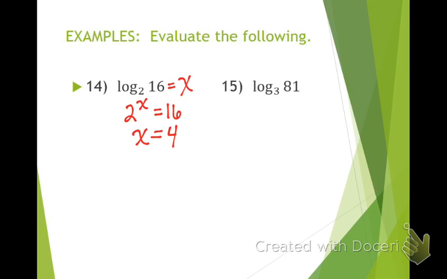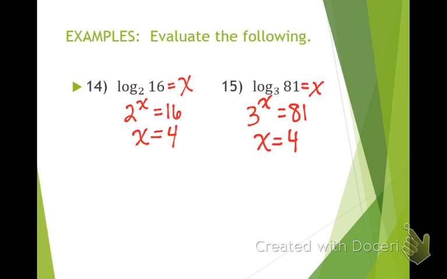All right, on 15, what's my base? 3, again, we set this equal to x, so x is our exponent, equals 81. 3 to what power would equal 81? The fourth power is correct. 3 times 3 times 3 times 3 would equal 81.